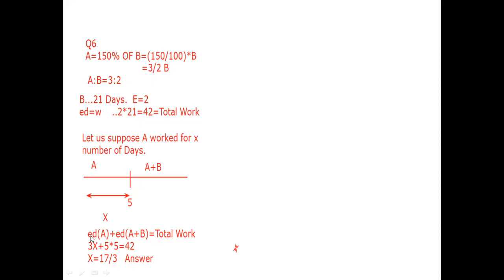E of A is 3, days of A is X, I have assumed X. E of A and B is 3 plus 2, which is 5. Days of A and B is 5, because both are working for 5 days. This is equal to 42. When you solve it, you get X equal to 17 upon 3. Yes or no? Okay, is it clear?